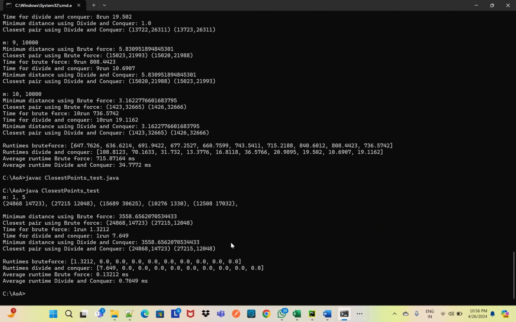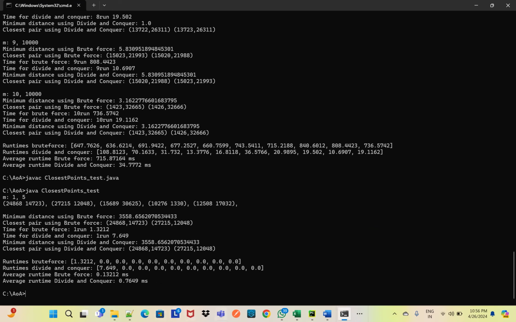Here we can see both approaches have the same closest pair. Both approaches have the same minimum distance, and it also displays the same values using the brute force algorithm and the divide and conquer algorithm. We got the same closest pairs for both algorithms.